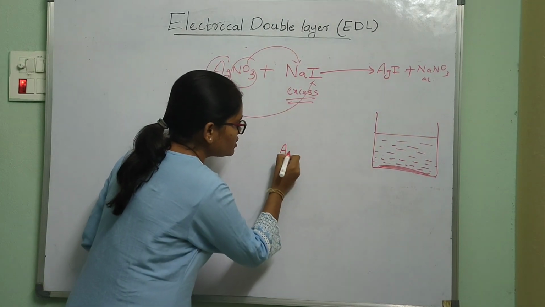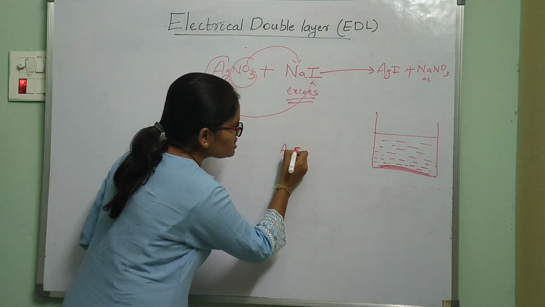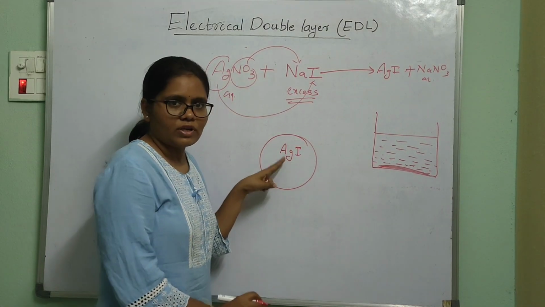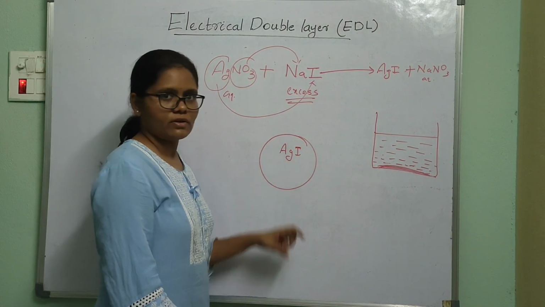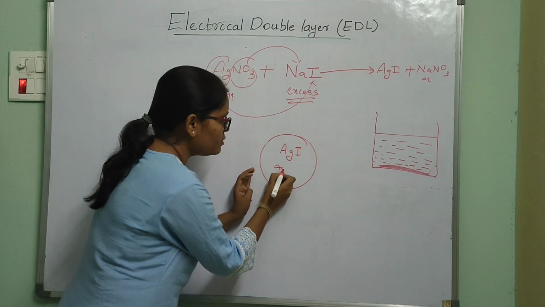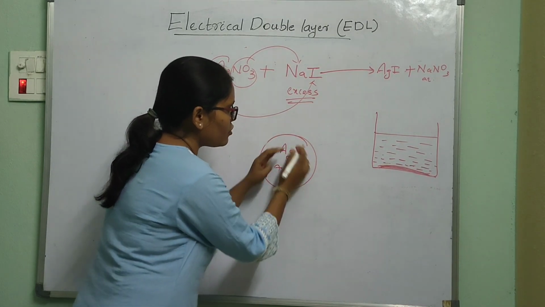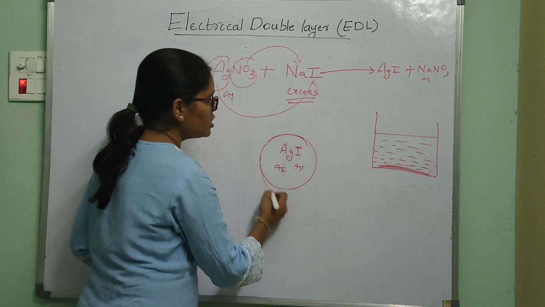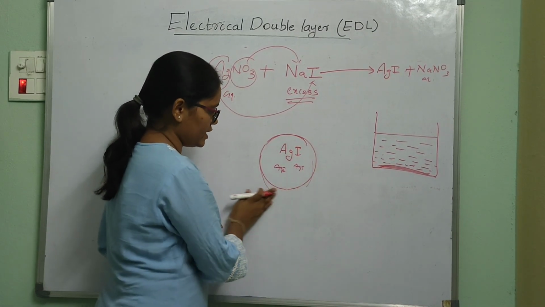Now consider this silver iodide colloidal particle. This is not one molecule, mind you, of silver iodide, but a large number of silver iodide molecules forming this colloidal particle. Okay. So this is a colloidal particle of silver iodide.